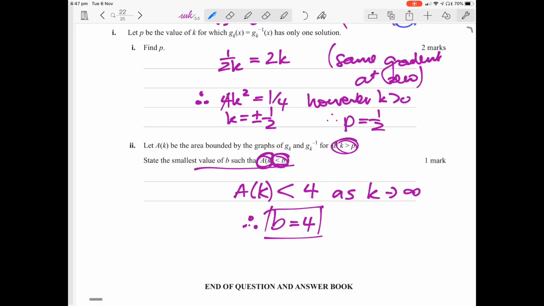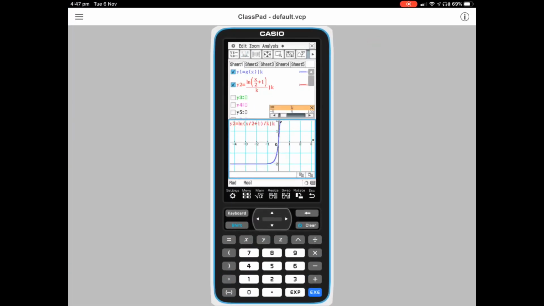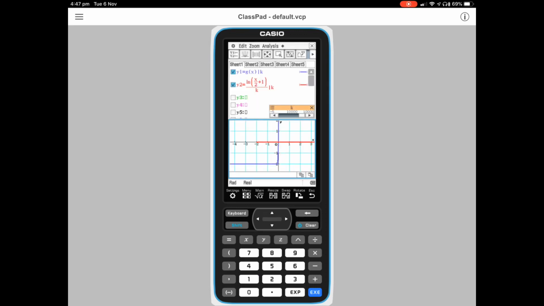So when b is equal to 4, this function will always be less than 4, because even if you use a really big value of k, you can see it approaches it, but it never actually gets to being a perfect square. I mean, we could try an even bigger value, like 10,000, and then move it right up. You can see, still not quite a square, but it's approaching it.